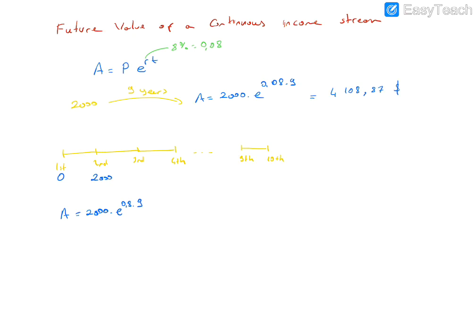So this 2000 will be 2000 times e to power 0.8 times 9, because it is deposited for 9 years. Here t is 9. For the next year you have one more $2,000, so it will earn interest for 8 years.